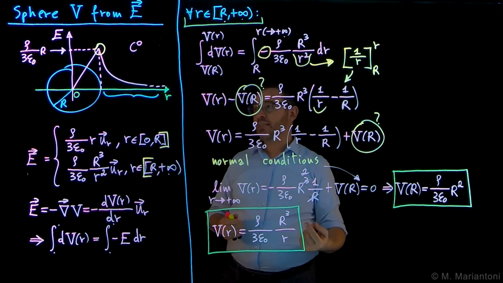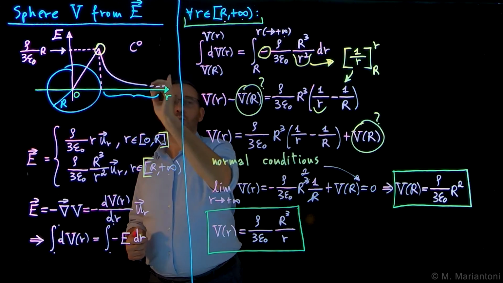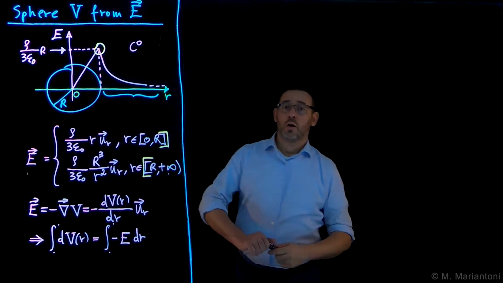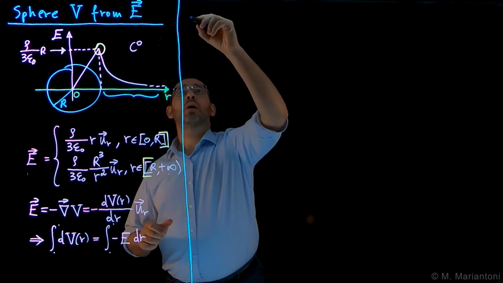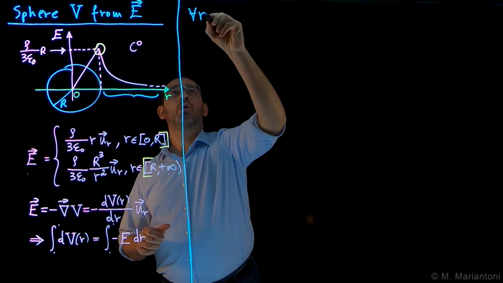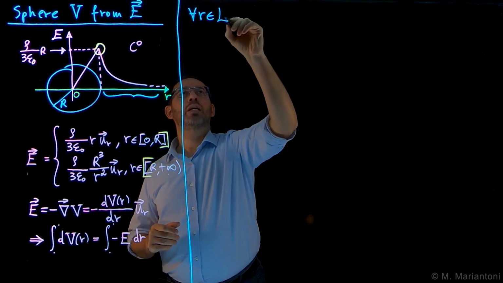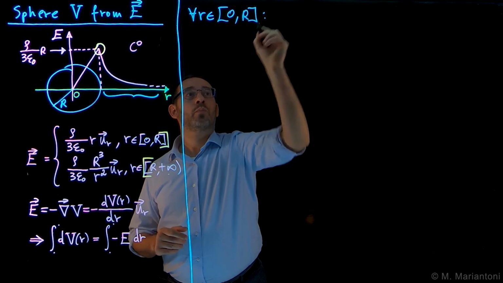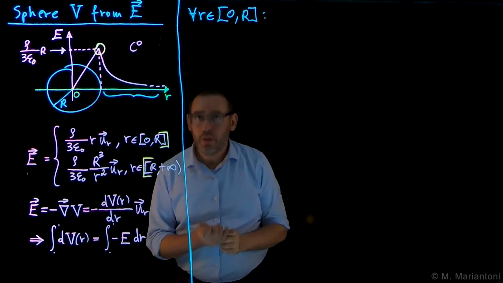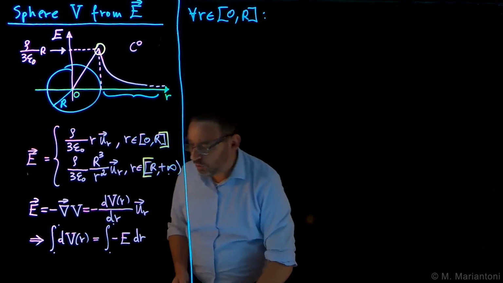Now, what we want to do next, we want to study the region of space from 0 to capital R. All right, so now we need to investigate the other region of space, which is for each small r within the shell, that is for r between 0 and capital R. Okay, so in this case, we want to use again this type of equation.